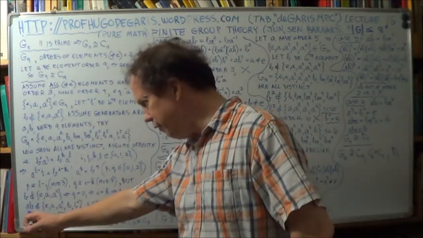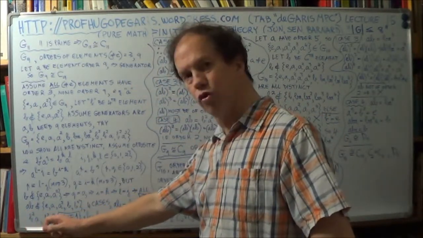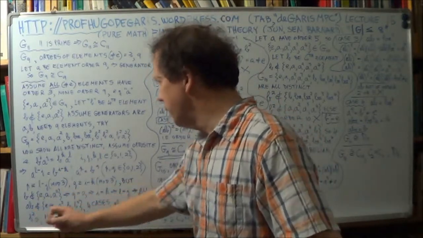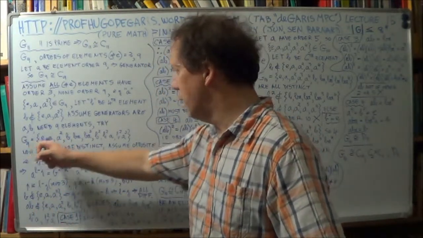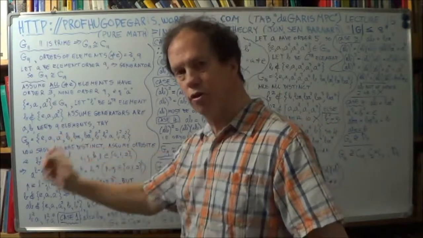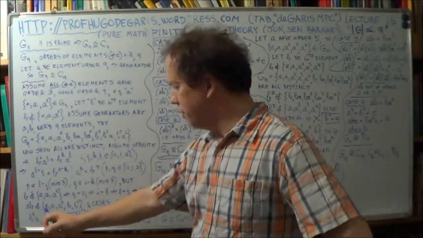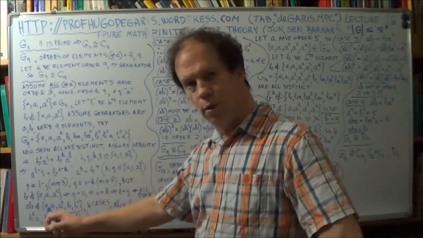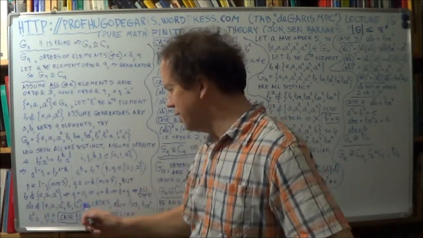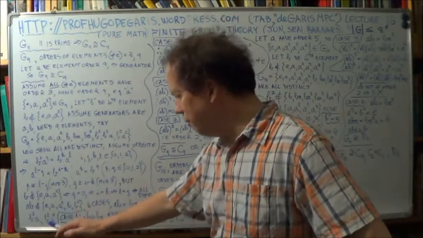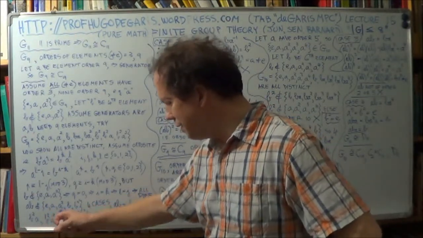Now, whatever value it has, because it's a group and closed, AB has to be one of these 9. Similar to the analysis we had for G4, G6 and G8, you've seen it many times, AB cannot be any of these.